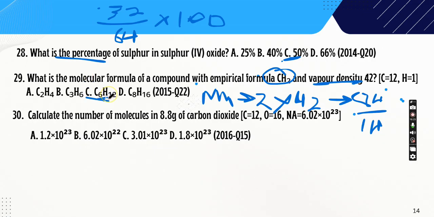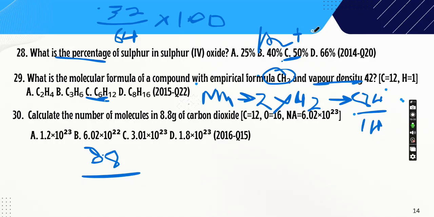Option C. So the last question here is asking us to calculate the number of molecules in 8.8 grams of carbon dioxide. So we have done something like this before. The number of molecules will be the number of mole multiplied by the Avogadro's constant. So we have 8.8 over, what's the molar mass of carbon dioxide? That's CO2. That's 12 plus 16 times 2.